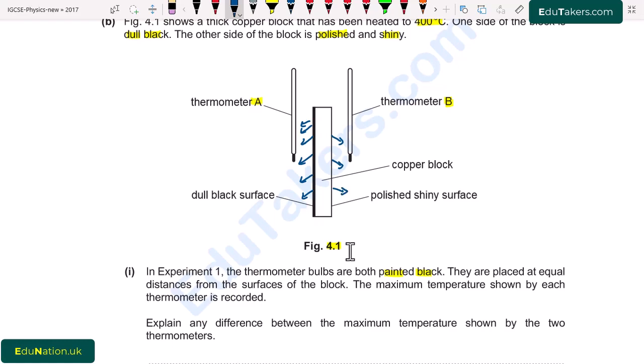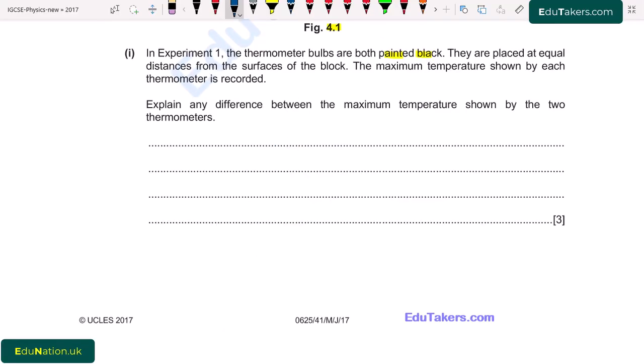It means that thermometer A will get more energy as compared to thermometer B, because thermometer A is placed on the side of the dull black surface. So there will be a difference of temperature between both of these.